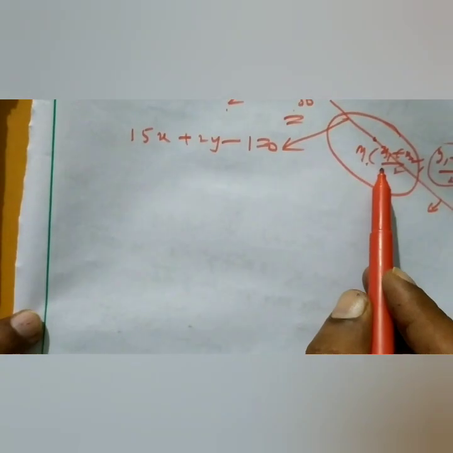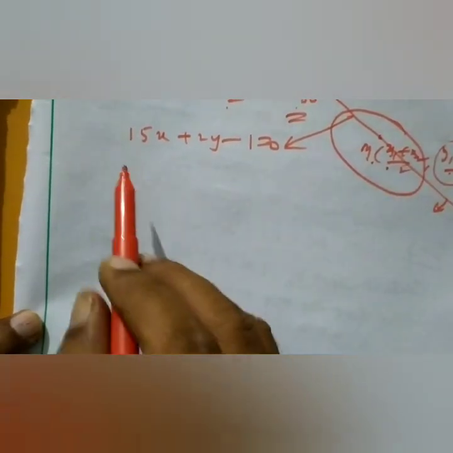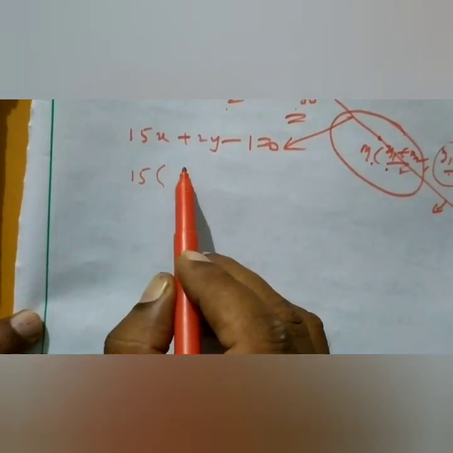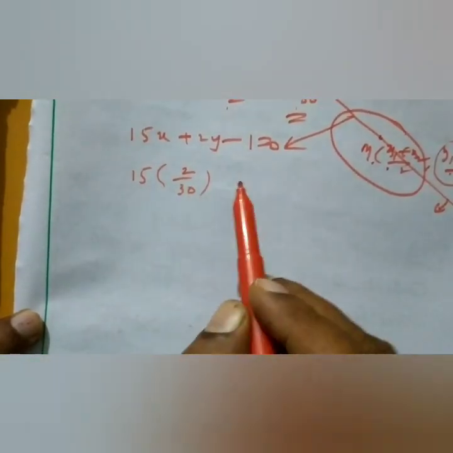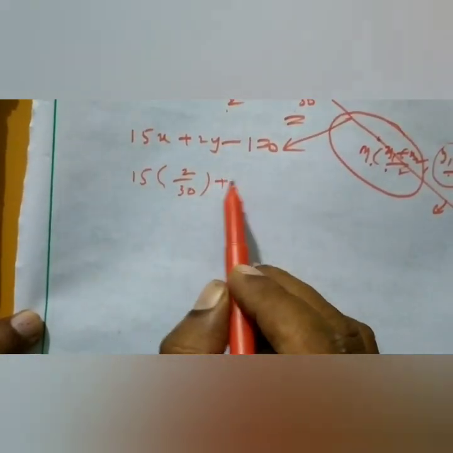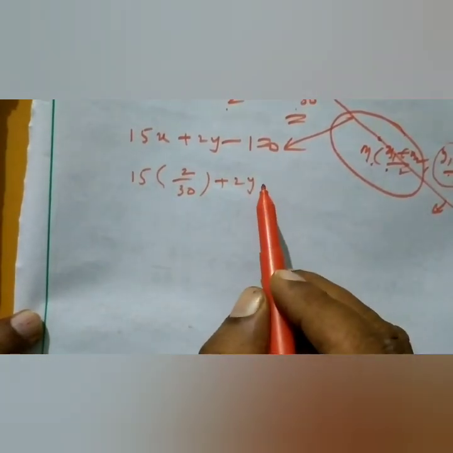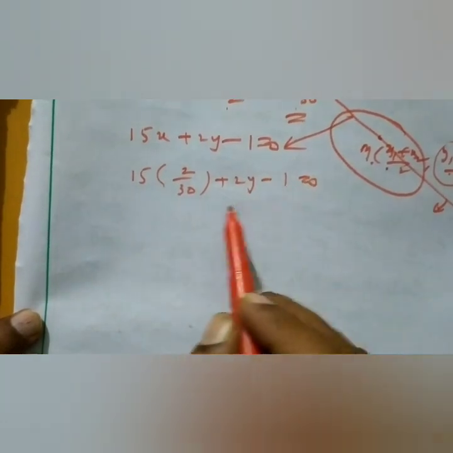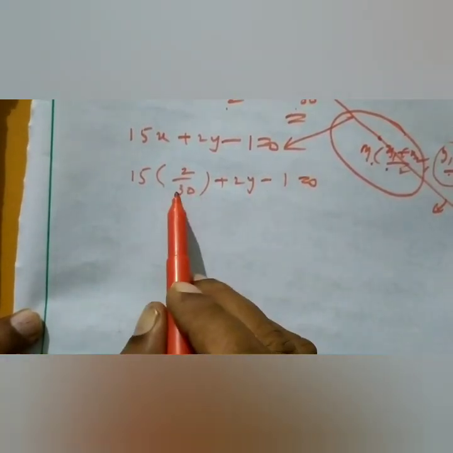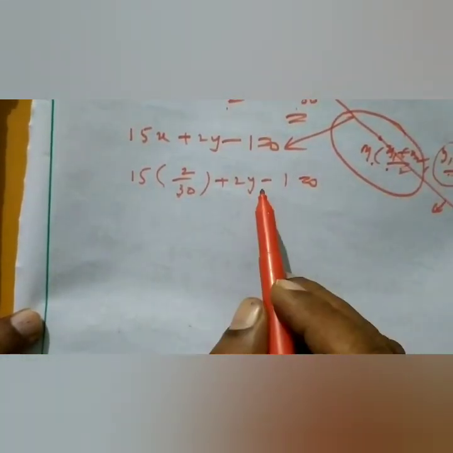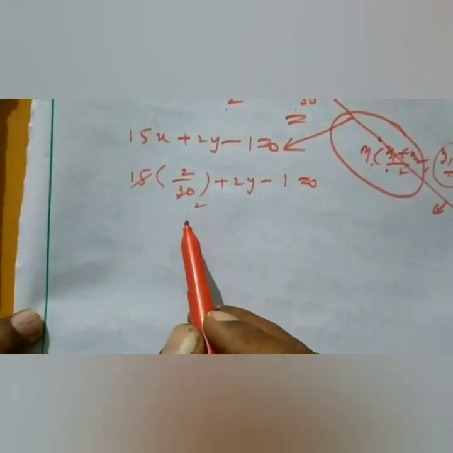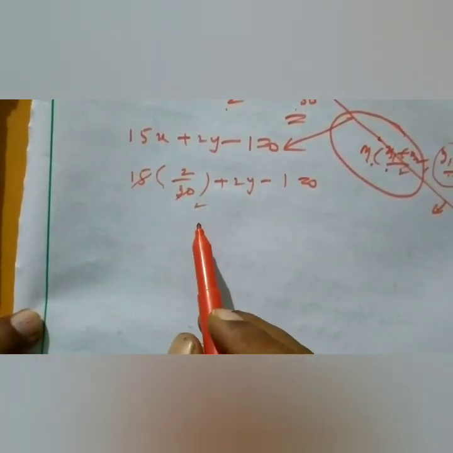So put the x value to get the y value: 15 times (x1 plus x2) by 2, which is 2 by 30, plus 2y minus 1 is equal to 0. Here 2 times 15 goes, so we get 1 plus 2y minus 1 equal to 0.